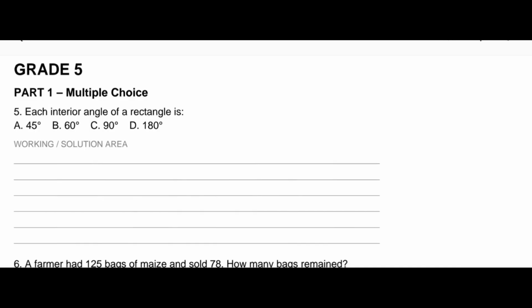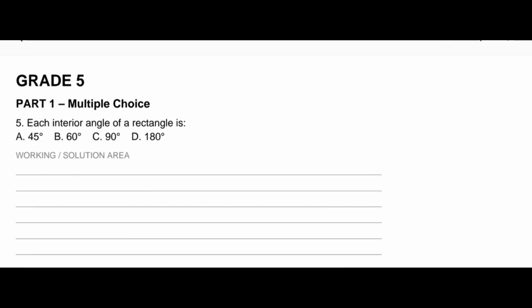So number 5. Each interior angle of a rectangle is equal to what? So let's find out what the question means. The question is saying each interior angle of a rectangle is what? Now let's draw a rectangle.